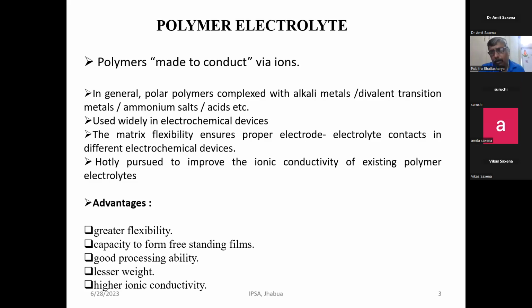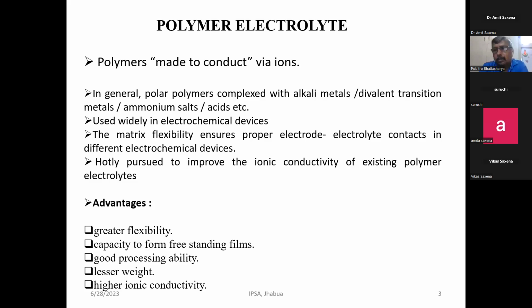The interesting properties of the polymers, especially their flexibility, free-standing formation capability, easy processing, and at the same time being lightweight, make the polymer electrolytes a very interesting and important material for use in electrochemical devices.